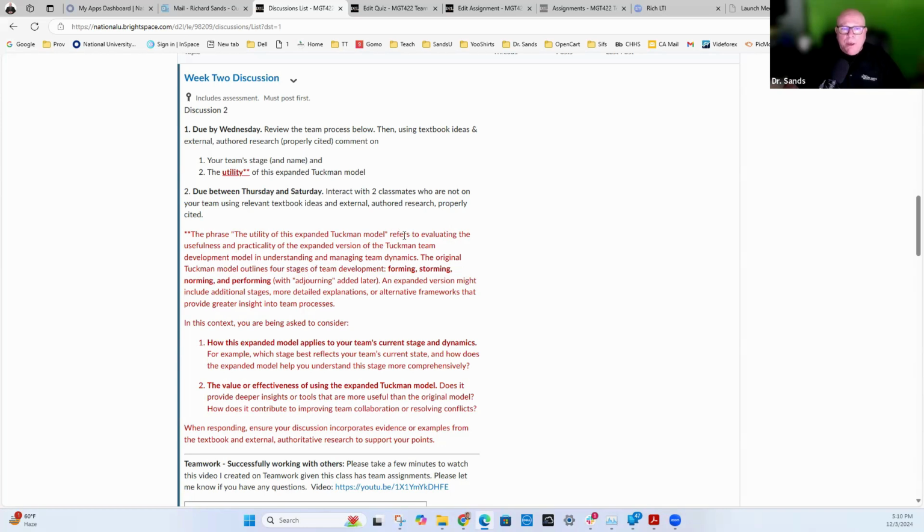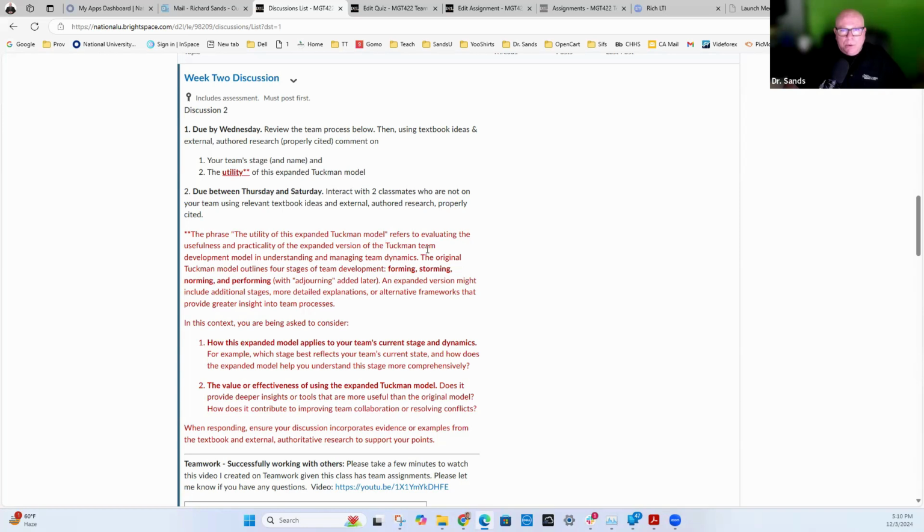Tuckman's model was created in 1965, then updated with the last segment, adjourning, in '73 or so. So that's the model that's been there for quite some time.